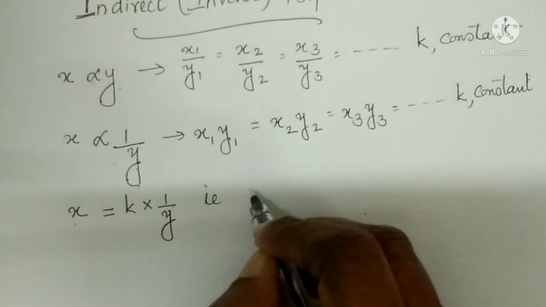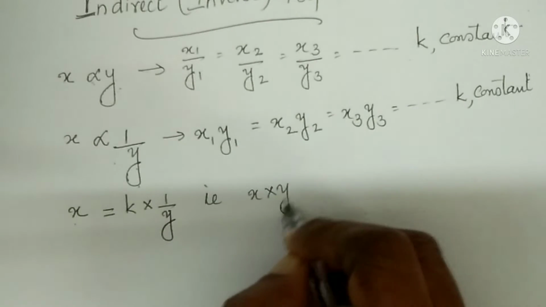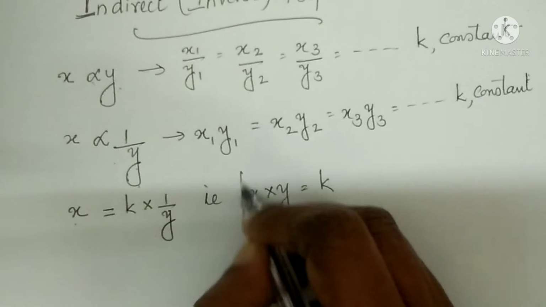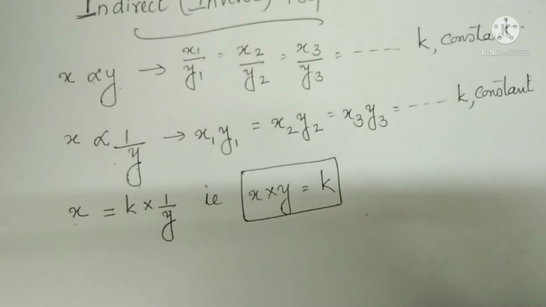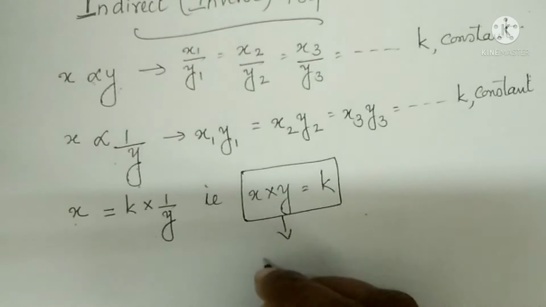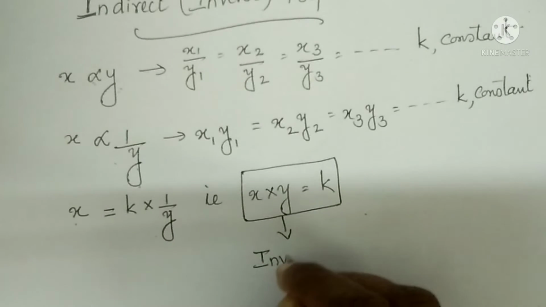That is, x into y is equal to k. So this is the condition for inverse proportion. And in direct proportion we already learnt x upon y is equal to k is the condition for direct proportion. So this is for inverse proportion.